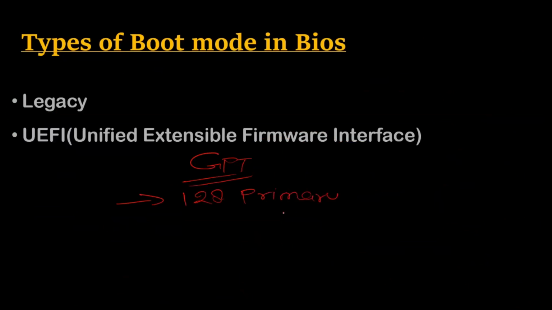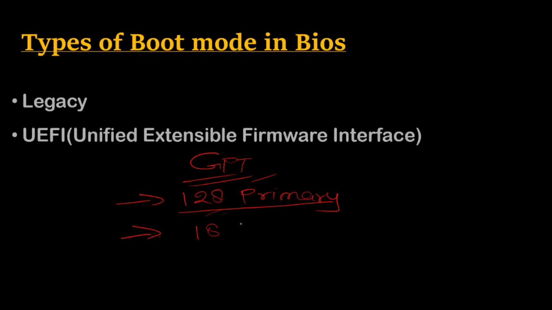If you assign the GPT partition schema on your hard disk, that means you can create 128 primary partitions. Right? And there is no concept of extended partition in GPT. So we don't need more than 128 partitions. That's enough.